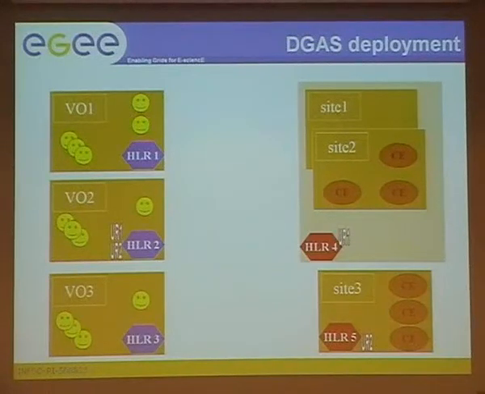This way, it is possible for the user to have access via a query to his own home location register to both the usage records of his jobs, so to all his job information, while the site manager, for example, of Site 2, with a query to his home location register, which in this case is home location register 4, can have access to the usage record of the job that currently runs on his resources, but he doesn't need to have access to information that belongs to the other site, Site 3.